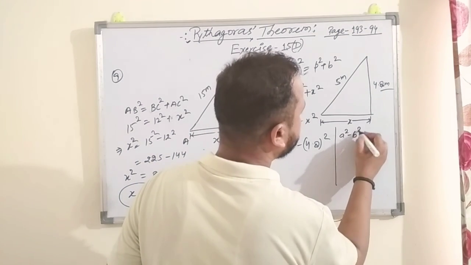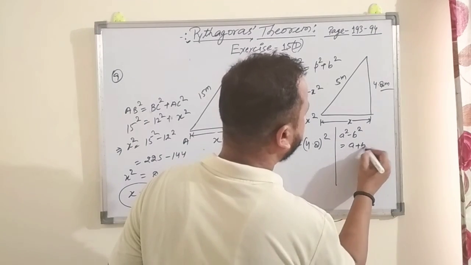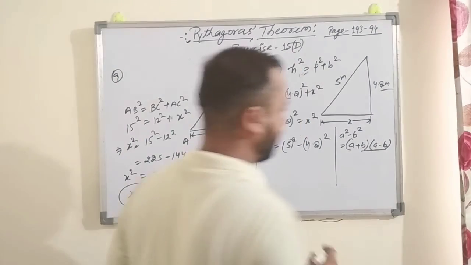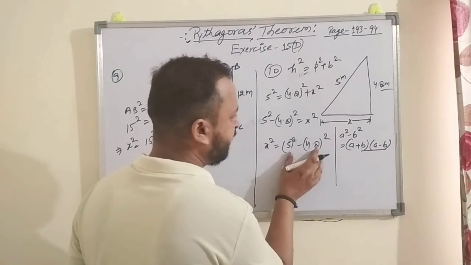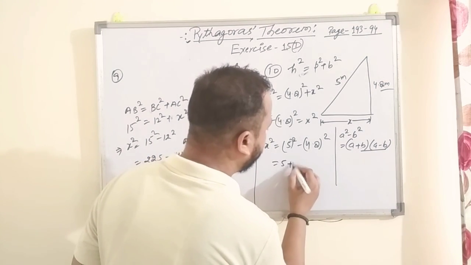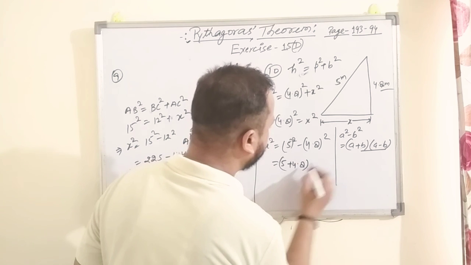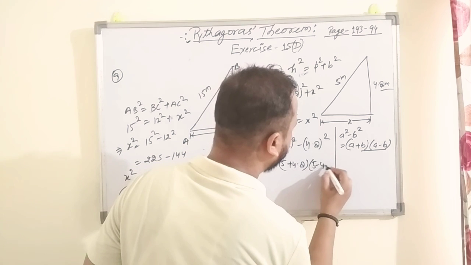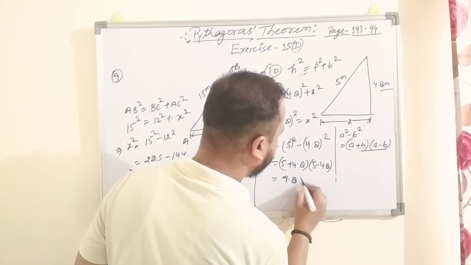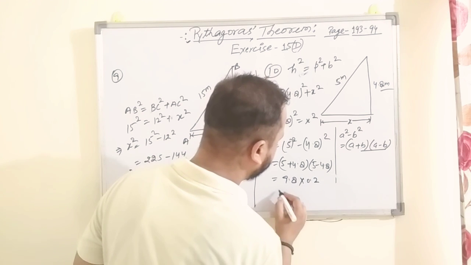For a square minus b square, in one bracket we can write a plus b, and in another bracket a minus b. So we can write it as 5 plus 4.8 and 5 minus 4.8. So here we will get 9.8 into 0.2.